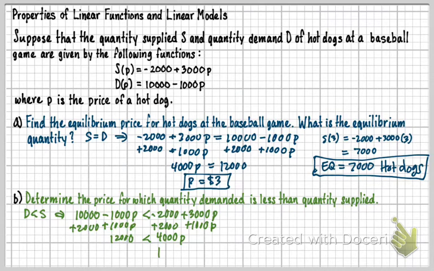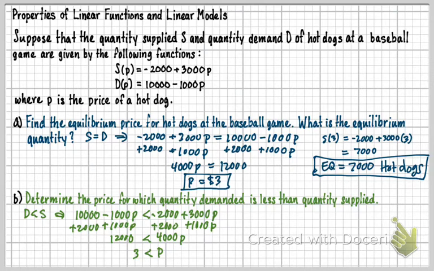And then when I divide by 4,000, I'm going to get P is greater than 3. So where P is greater than 3, the quantity demanded is going to be less than supplied. So fewer people are going to want to buy the supply. It's going to be less demanding.